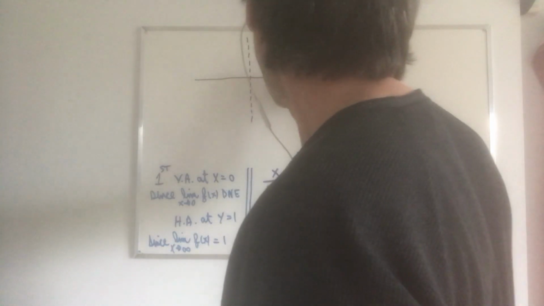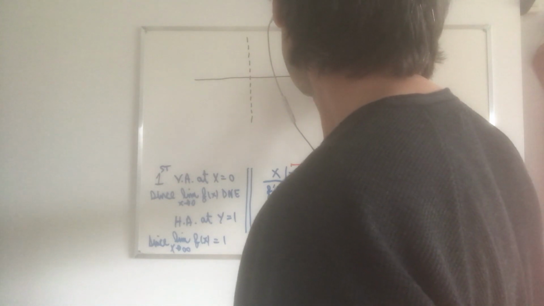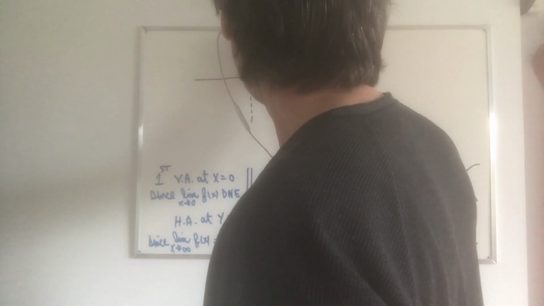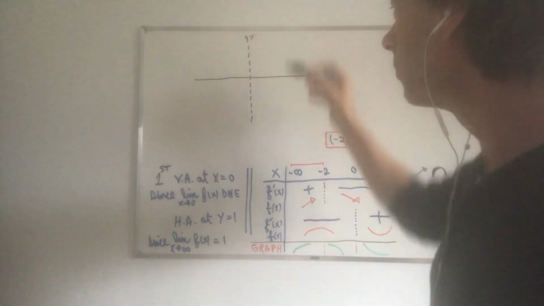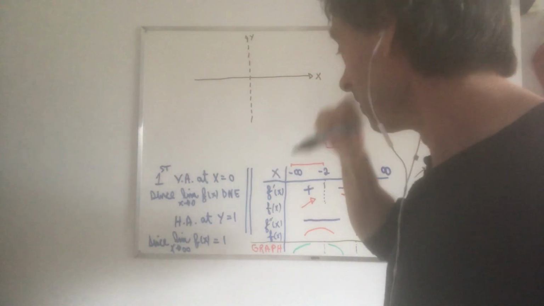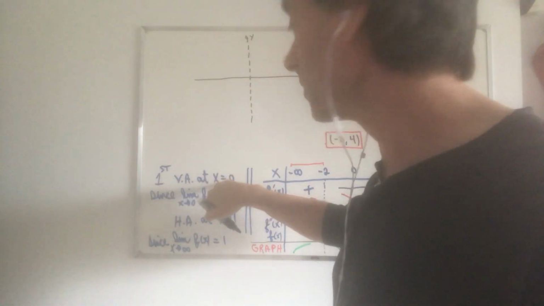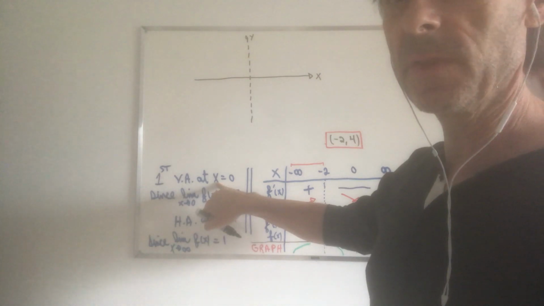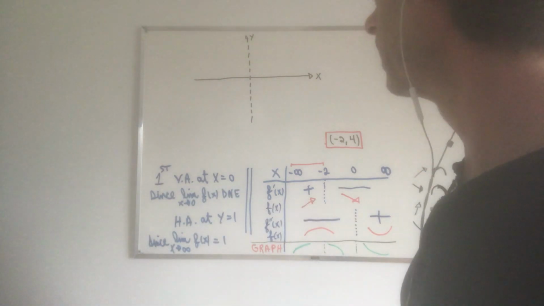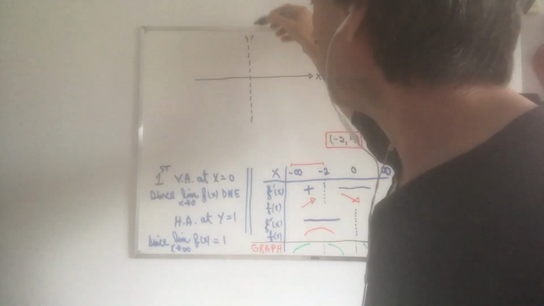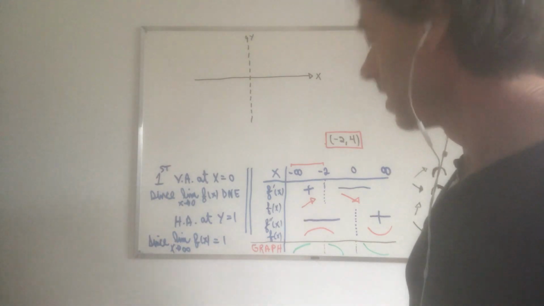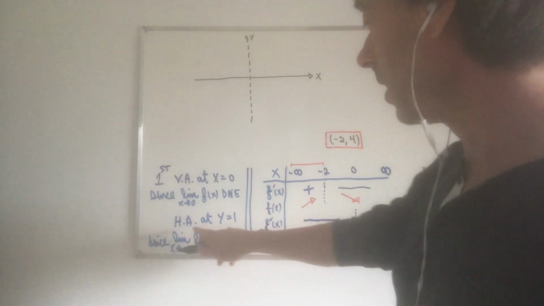I'm going to label x and y in a moment. Why did I put this as a dot, dot, dot? Because I remember that x is equal to 0 is a vertical asymptote. It's the y-axis, so dot, dot, dot. Also, another dot, dot, dot at horizontal y is equal to 1.